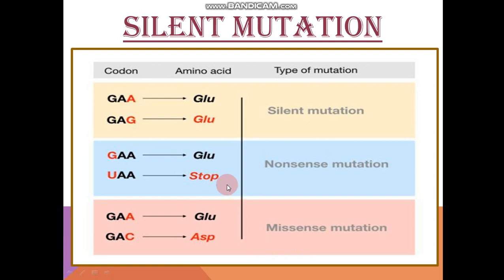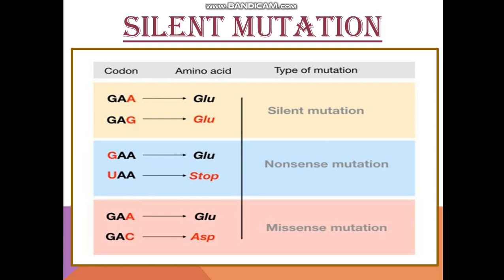I have already discussed nonsense mutation. If the sequence is GAA, that means it was coding for glutamic acid. Here guanine has been replaced by uracil. Now the sequence becomes UAA, and UAA, if you remember, is one of the three stop codons or nonsense codons.